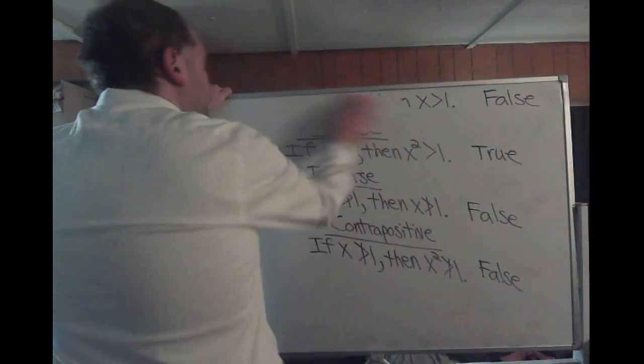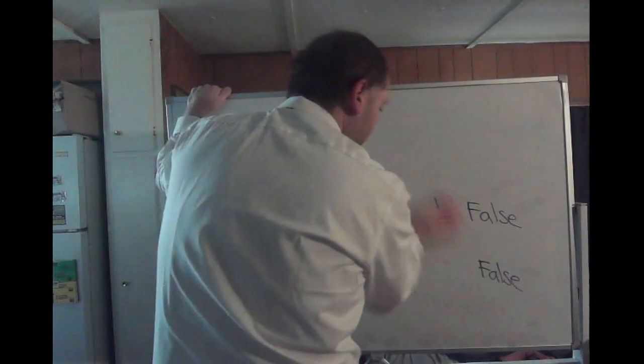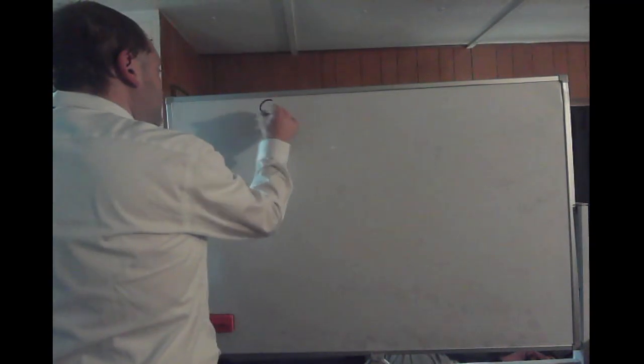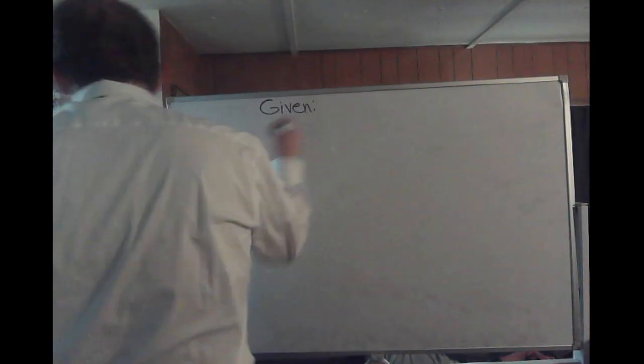Alright, now I got 3 sentences here. We got to use additional given information to try to determine any conclusion. This isn't a simple true or false anymore, but it's still pretty simple. So let's see. Given, what's the given information?